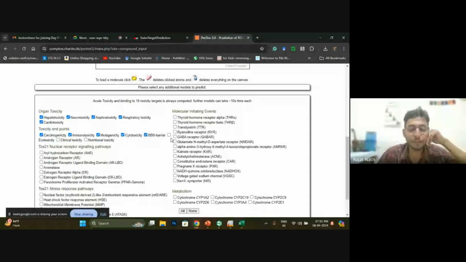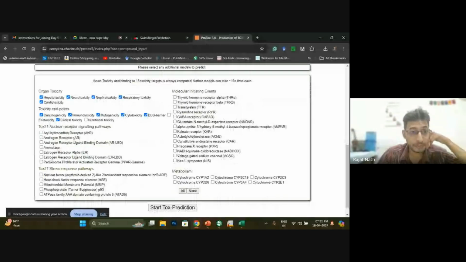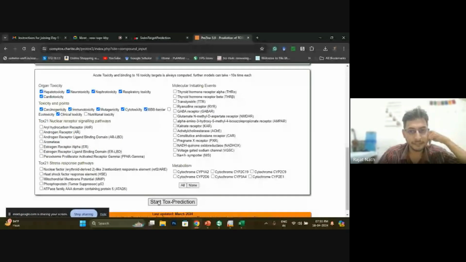Ecotoxicity I am not considering because it is not related to human health. Then I will start prediction. You can select all, or if you are having interest only in organ toxicity and toxicity endpoints, you can select those. Depending upon your requirement, you can select and click on Start Tox Prediction.